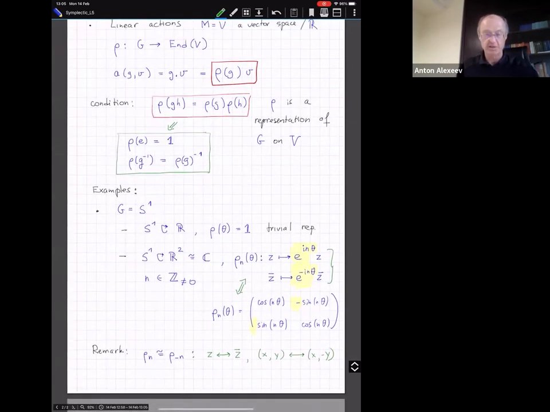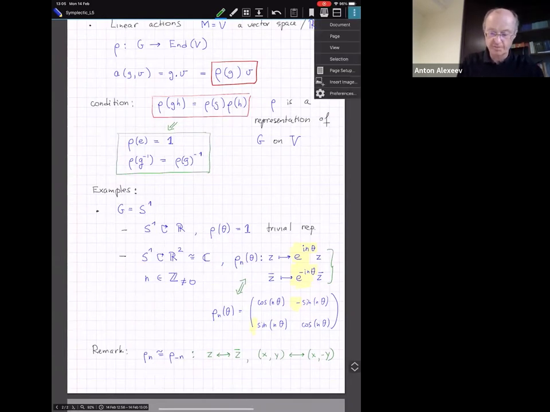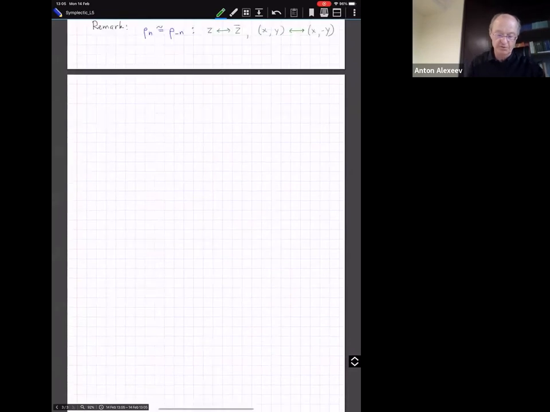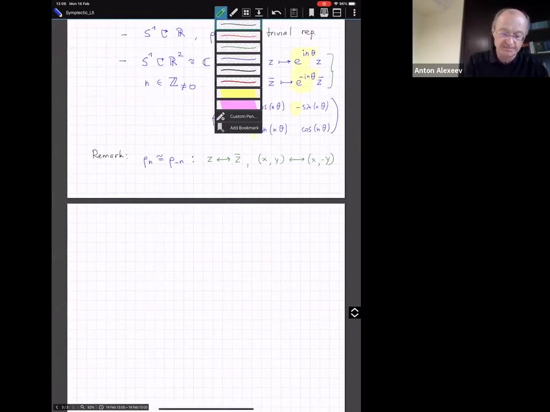So in fact, for now we have a family of representations with n, for instance, you can say bigger than 0, and we have a trivial representation. So these are my examples for now. And then there is the following fact.